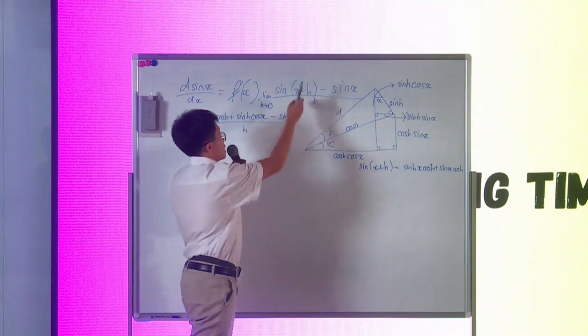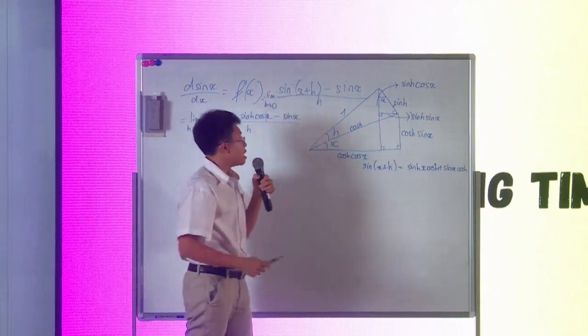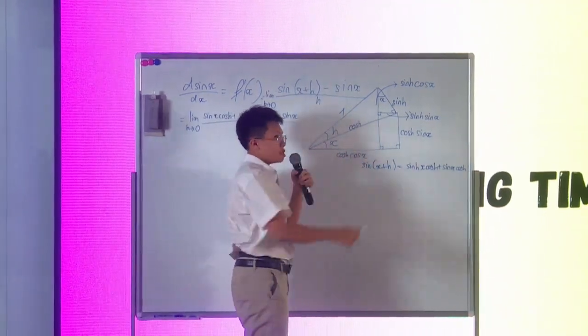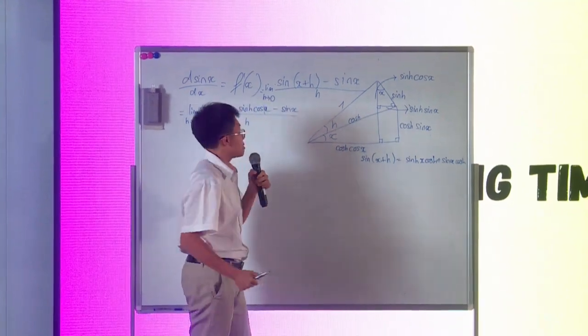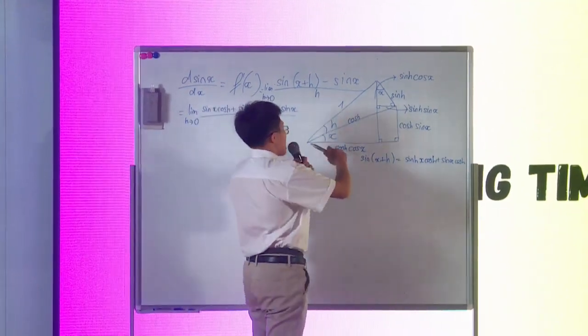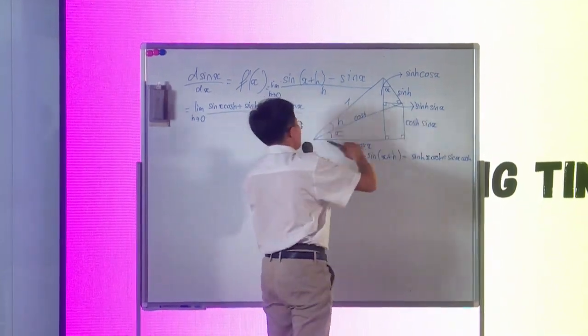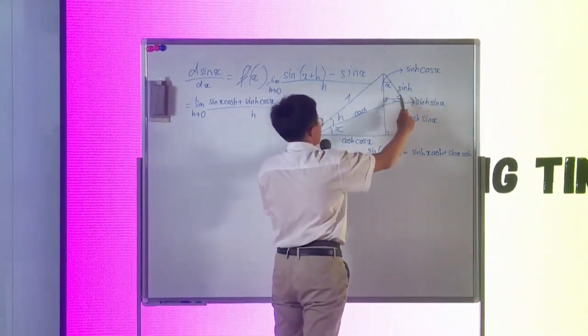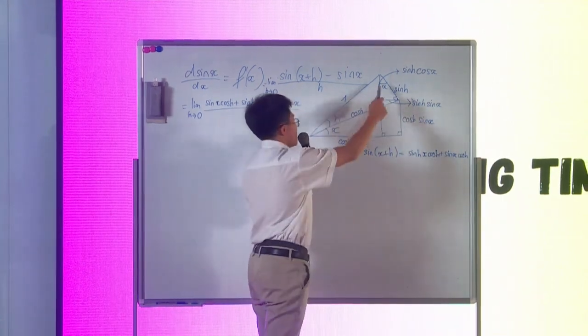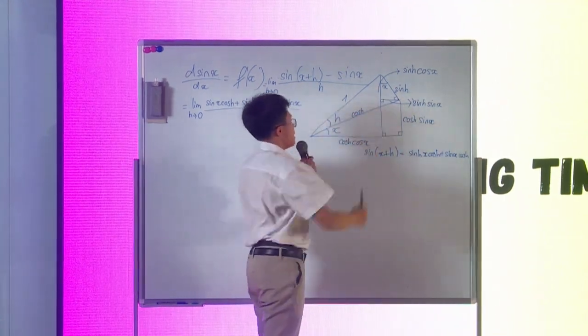Now, if we want to expand sine of x plus h, we need to use these two right triangles. Here we have the hypotenuse of the upper triangle, which is 1. So this side will be the hypotenuse times the sine of h. This side will be 1 times cosine of h.